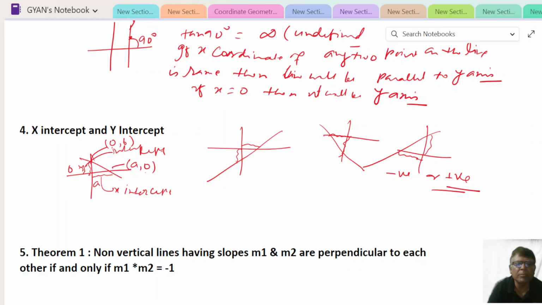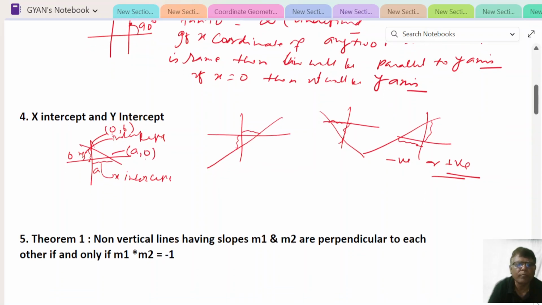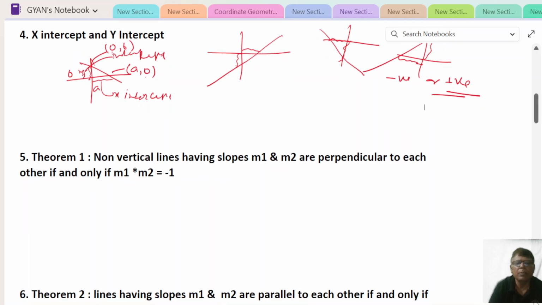Now come to theorem number 1. If non-vertical lines with slopes m1 and m2 are perpendicular, suppose these lines are perpendicular to each other. So this is alpha, suppose this is beta, and this is 90 degree.